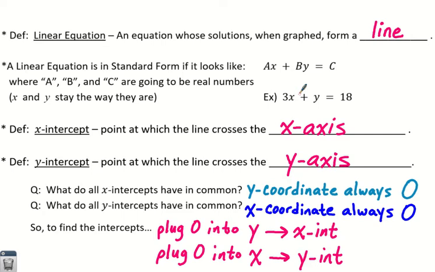Just find the x-intercept on the graph, right?